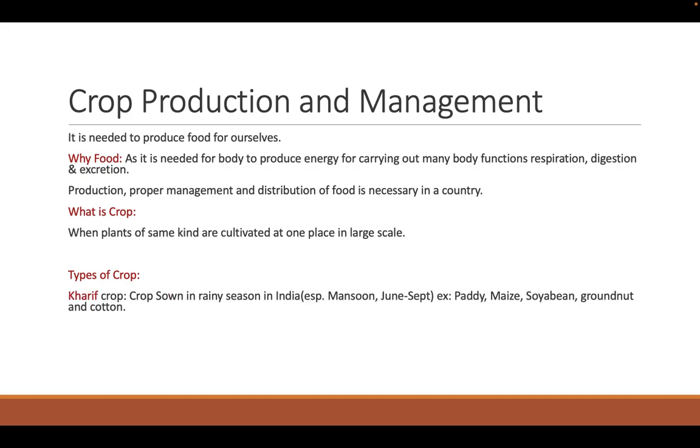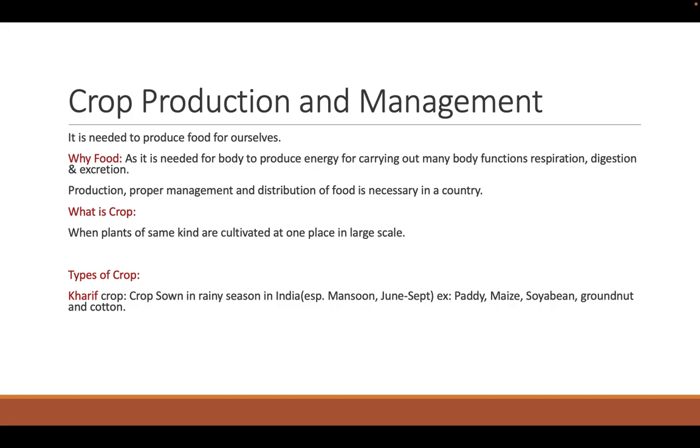So the first type is kharif crop, usually sown in the rainy season in India. Rainy season means monsoon. Monsoon is from June to September, and in this time window, whatever crop is cultivated is called kharif crop. And what happens in this season?